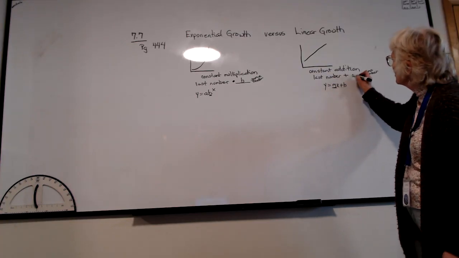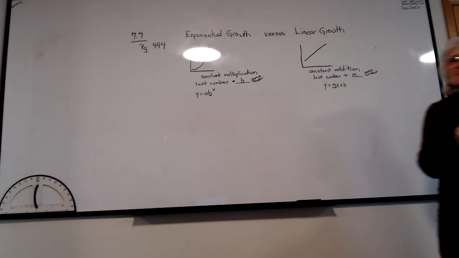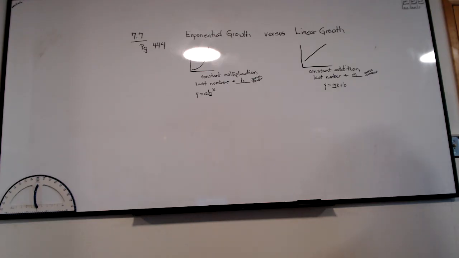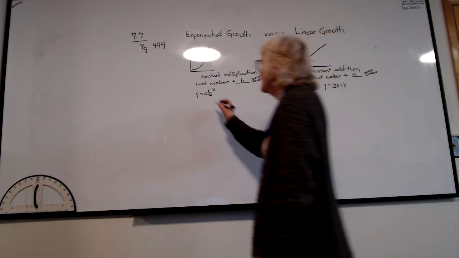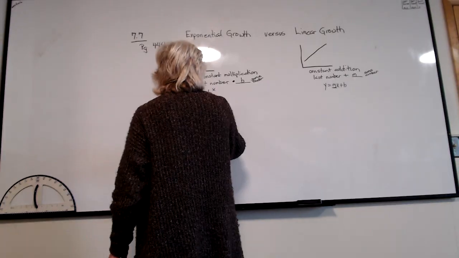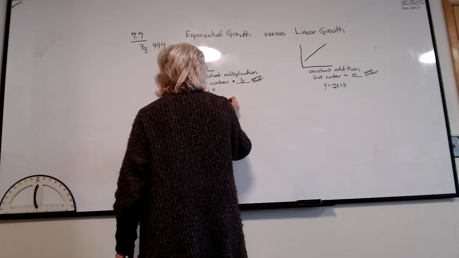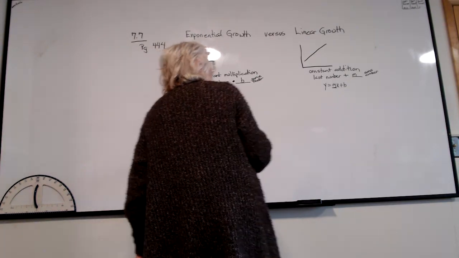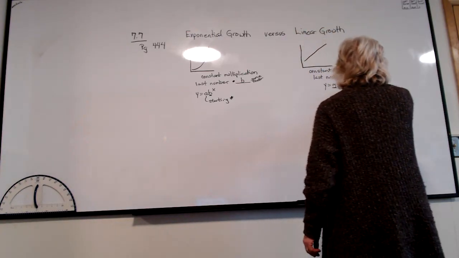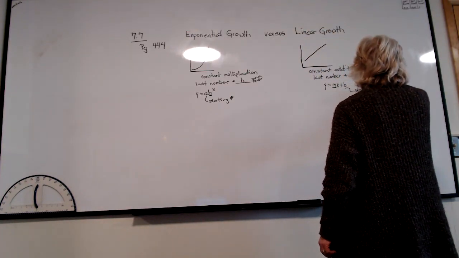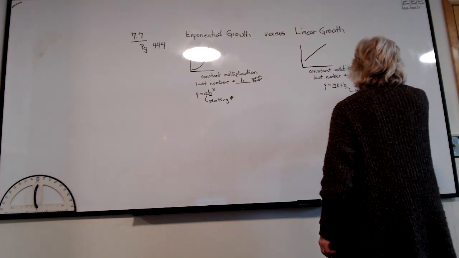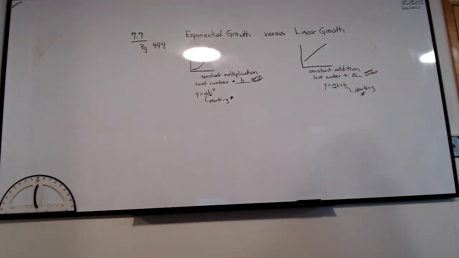M is what we are constantly adding to the last number. In this case, this is your starting number. In this case, this is your starting number. Okay, so they both include the same ideas, yes?